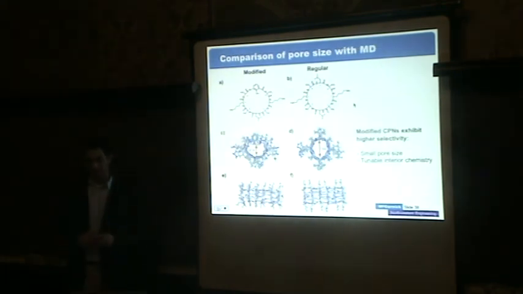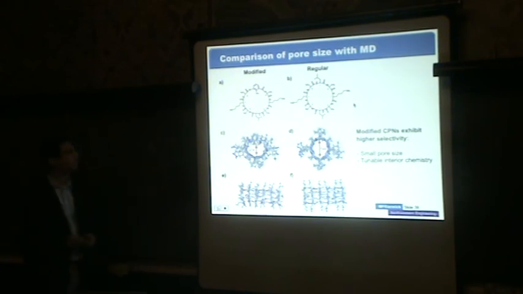And then the other thing is, of course, the pore size. How does the pore size vary as we modify the nanotube? Here we can see that this is basically 4.7 angstroms in width, whereas in this case we have more of a wider nanotube. This is a regular nanotube.